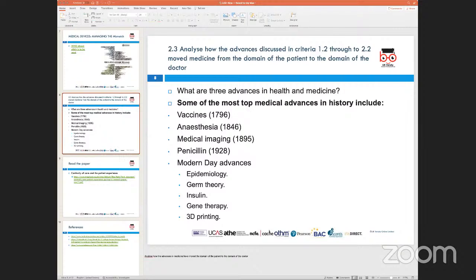And this particular article that I put in talks about how the major developments which have happened over the years, decades, centuries, have led to the development of the concept of what we call doctor knows best. This concept has not emerged years and years back.